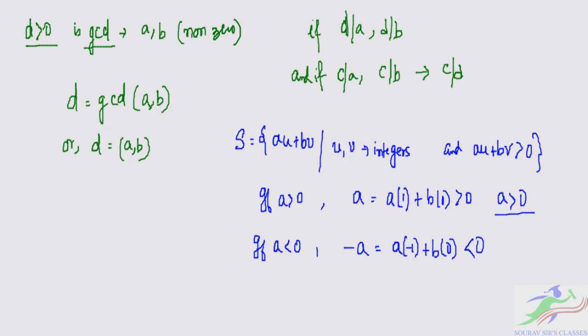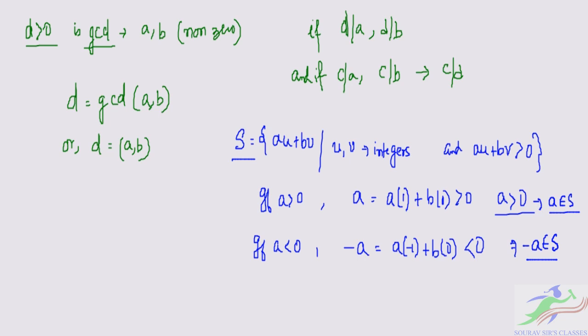So we can say that minus a belongs to S. Here a greater than 0 implies that a is an element of S, as we have defined S as au plus bv.